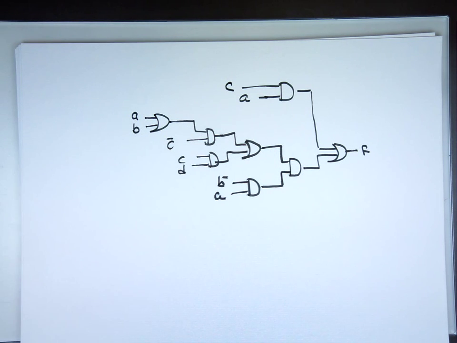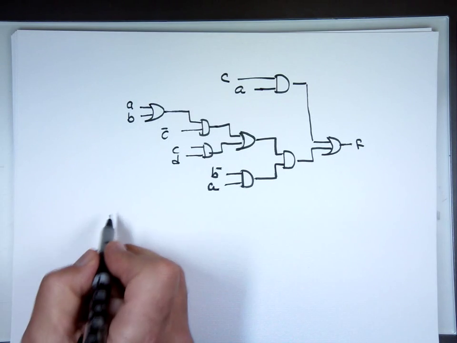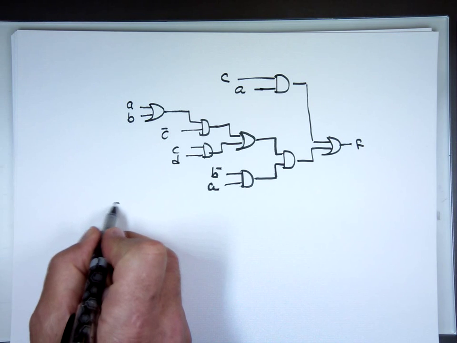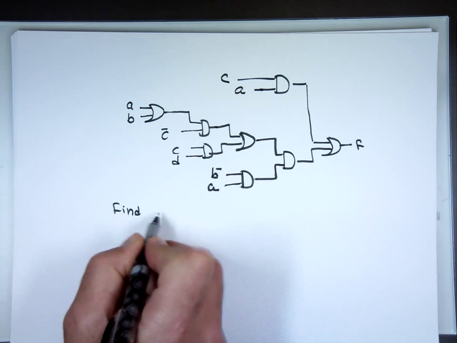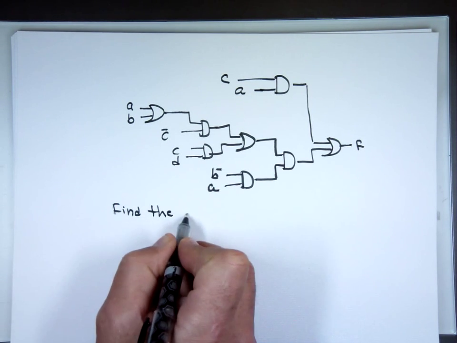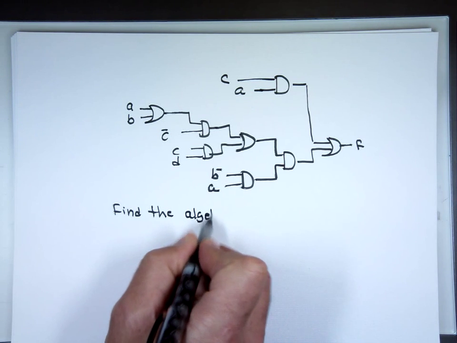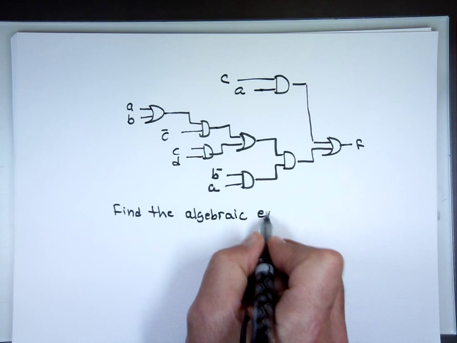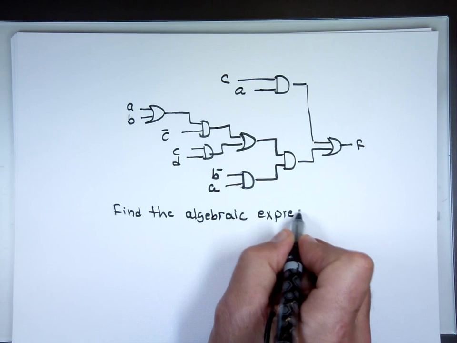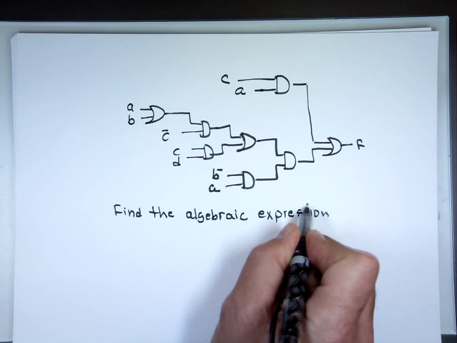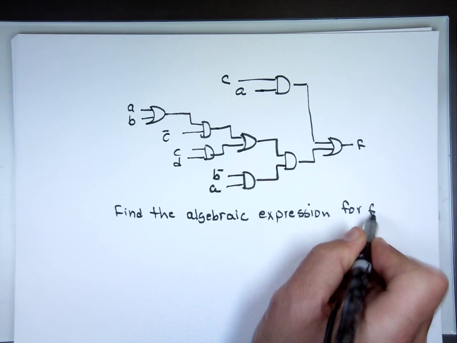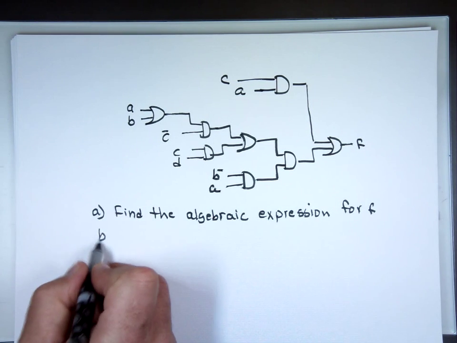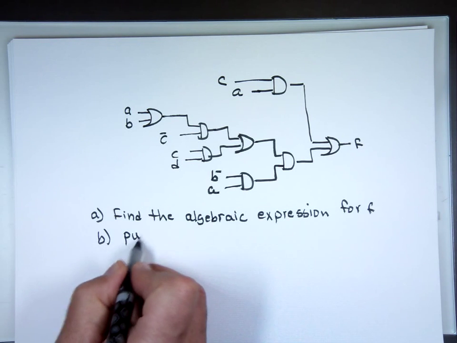I hope that's it. So find the algebraic expression for f, and part B again, put it in SOP form.